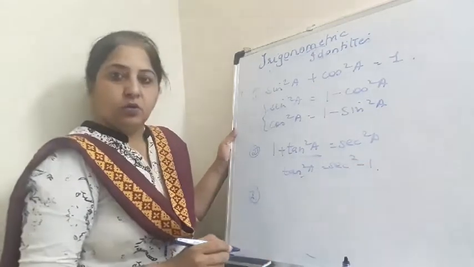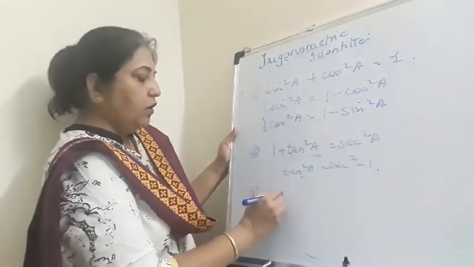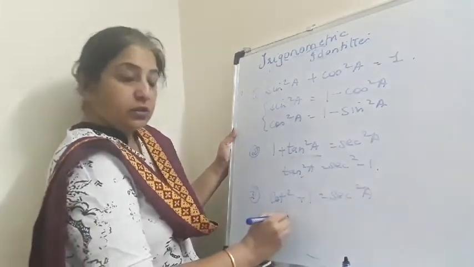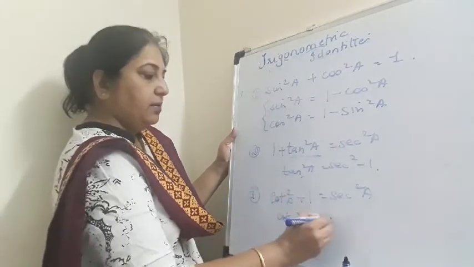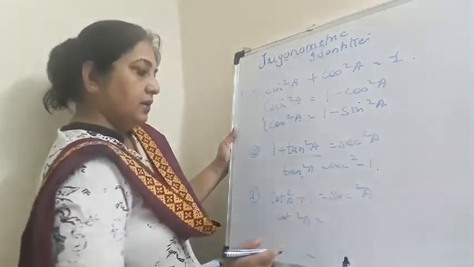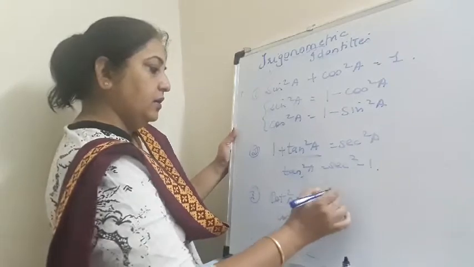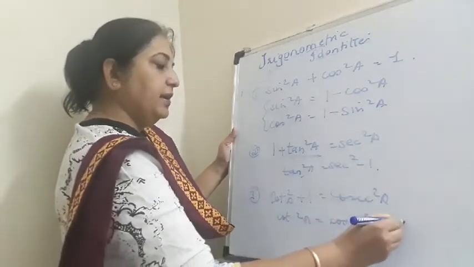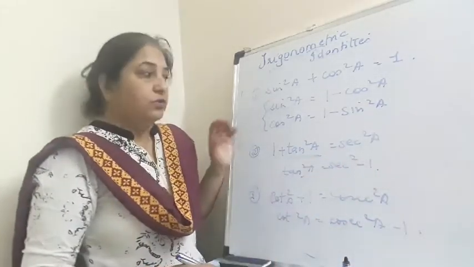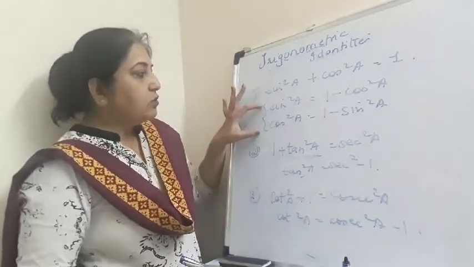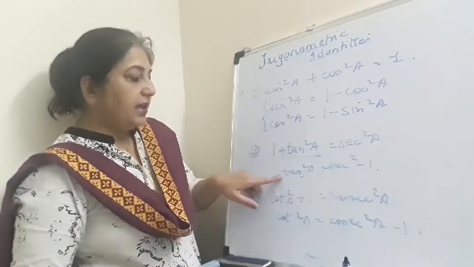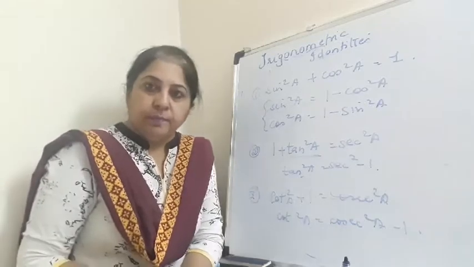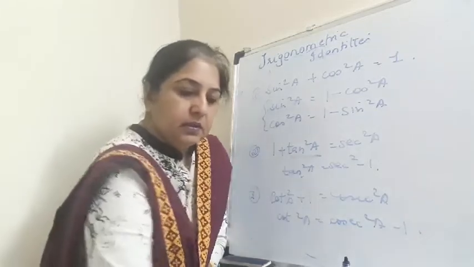Similarly, in the third one also we can write cot square A plus 1 is equal to cosec square A, and if I want cot square A, we can write cosec square A minus 1. So therefore you have to learn the three identities, and you will also see that from these identities we can get more equations.